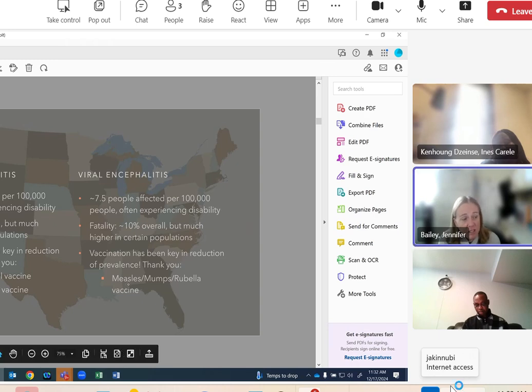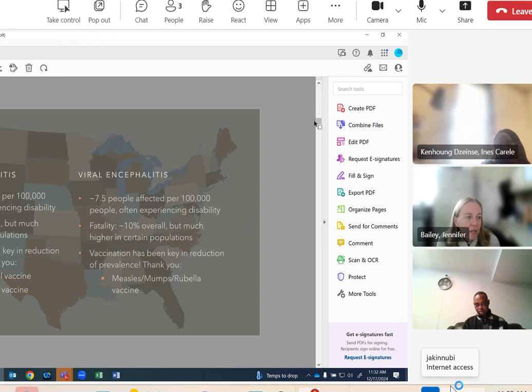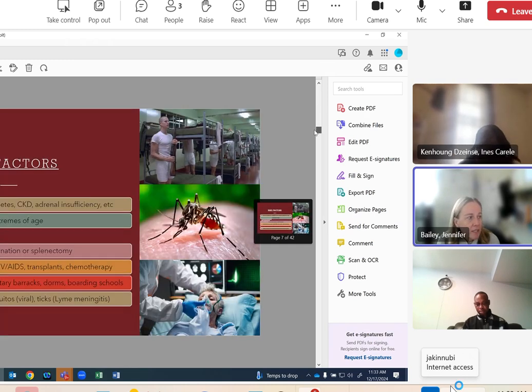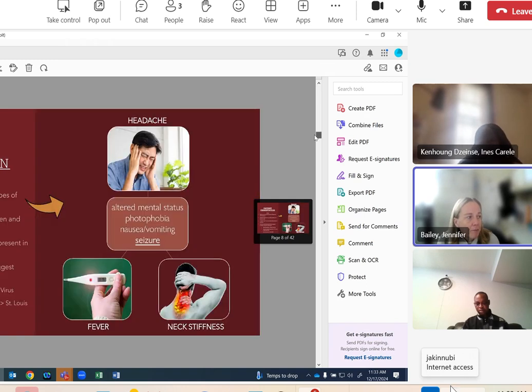Measles is another common virus that can cause encephalitis, and we do have a vaccine against that as well. So those are good, but other bugs still circulate. So we still do see these types of infections happening.